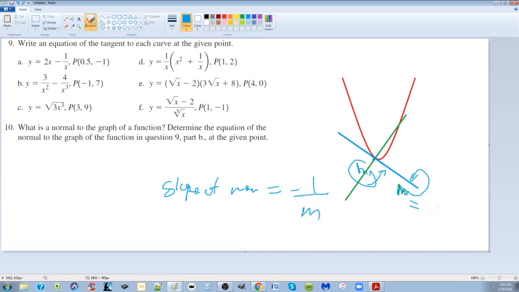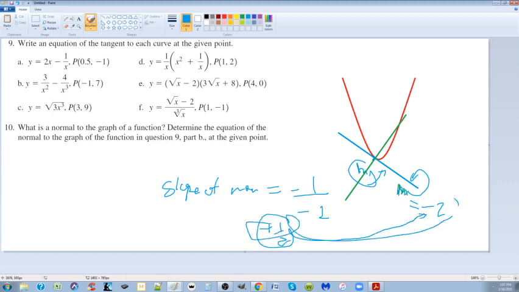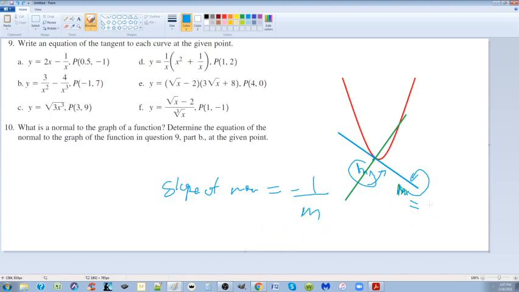Suppose your slope was -2. That means this one will be -1 over -2, which means, since we got to apply the minus to it, we're talking about +1 over 2. Makes sense? That's the reciprocal and opposite sign of -2. Suppose your tangent line was -1 over 3. So you just put that in here.